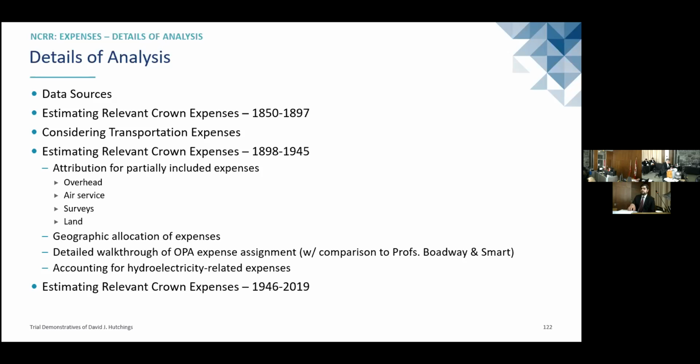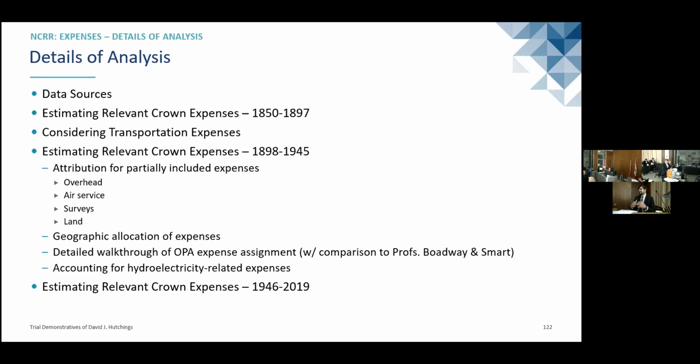There are a couple of other examples: surveys, land, air service, that serve multiple purposes and need to be considered when we come to allocating, because in our factory example, it's a cost that addresses many factories. I'll then talk a little bit about the geographic allocation of expenses, and then I will go on a detailed walkthrough for a few years' worth of the public accounts data to go line by line how we include them.